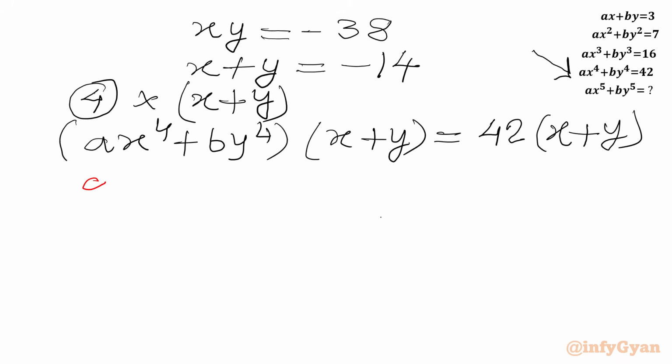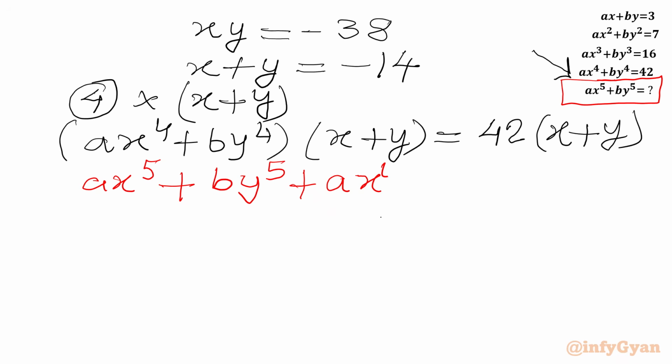We will write ax^5. by^4 times y. We will write by^5, which is our required expression. Plus cross product terms, ax^4 times y, so we will write ax^4 y plus by^4 times x, bxy^4. And in the right hand side we have 42 times x plus y.